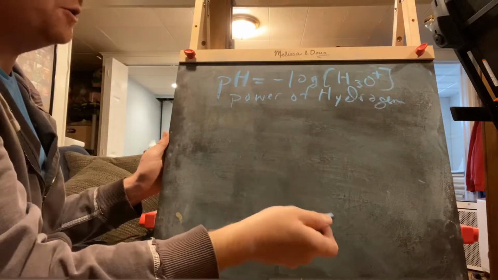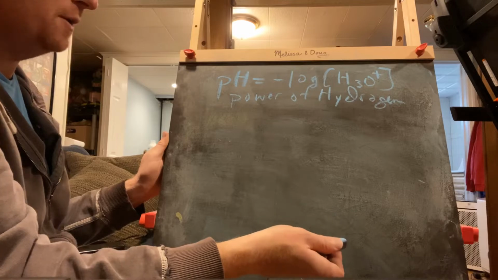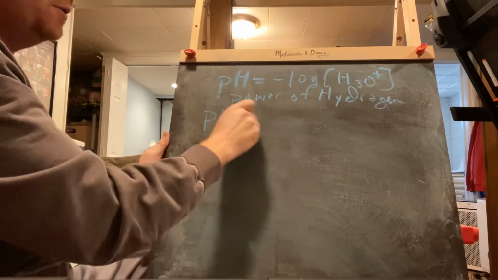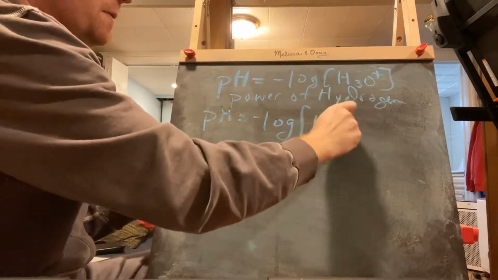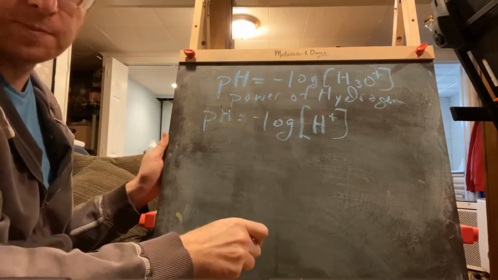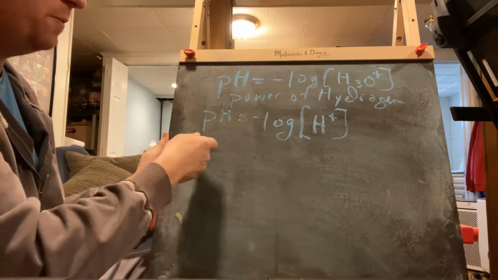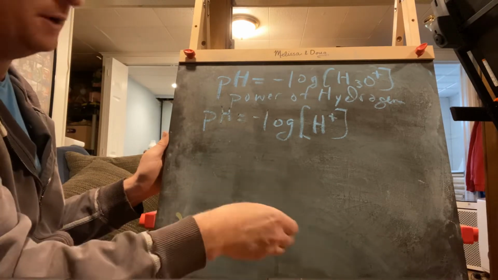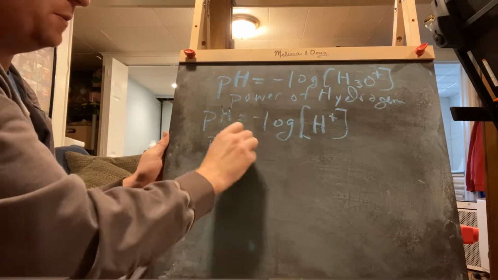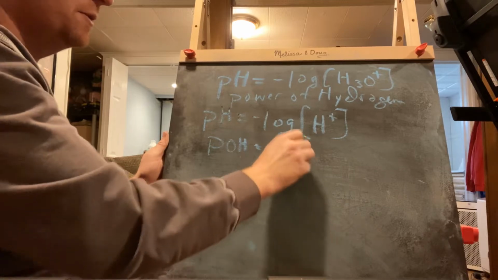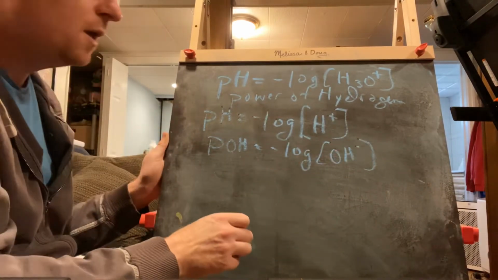And I know I told you before, H3O plus and H plus are the same, so sometimes you'll also see pH equals negative log H plus. Okay, so same thing with the power of OH or the power of hydroxide. Usually you'd use that for bases. We will rarely use pOH, but pOH is negative log of hydroxide.